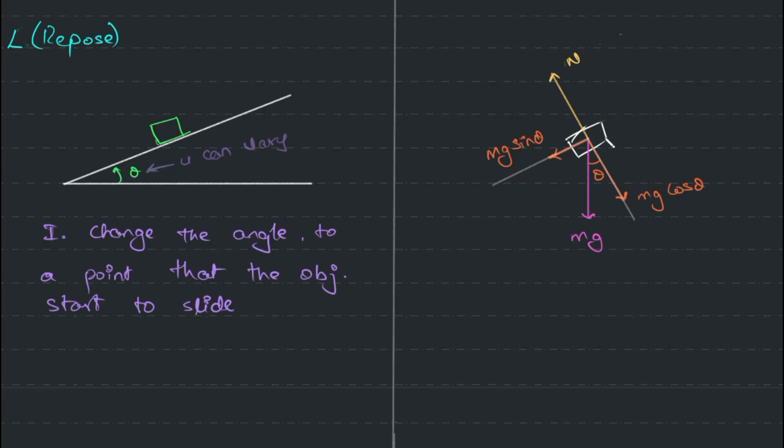There's one thing missing, of course, friction. That's the whole idea. We are looking at a static friction which has a maximum possible value.